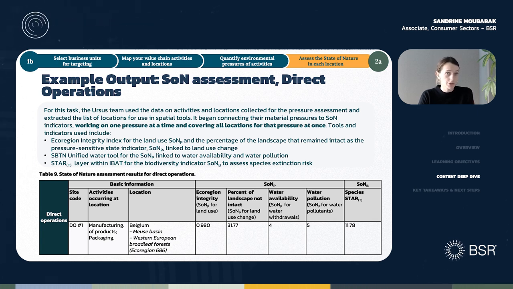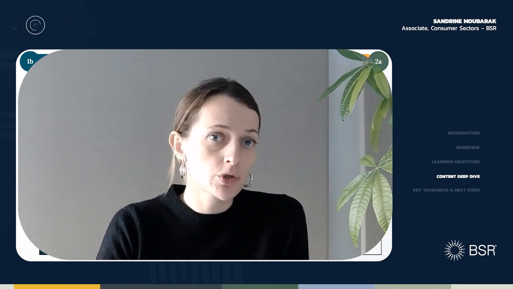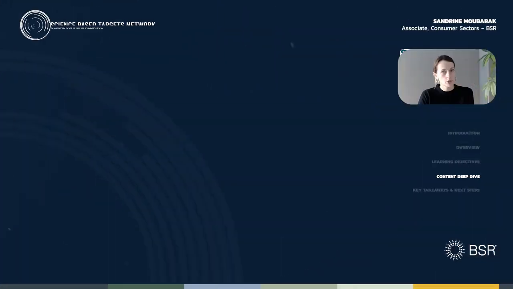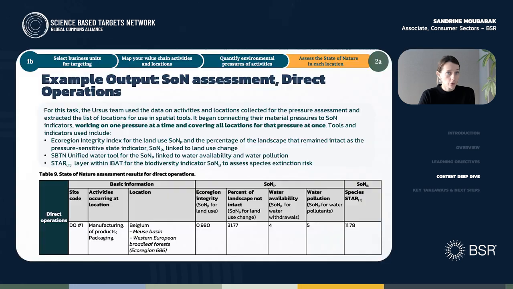For water, the team used the Unified Water Availability Layer required by SBTN as the SONP linked to water withdrawals, and the Unified Water Pollution Layer required by SBTN as the SONP for water pollution. For the required biodiversity metric SONB, the team used the START layer with IBAT to assess species extinction risk.